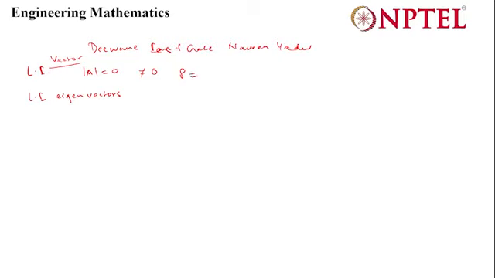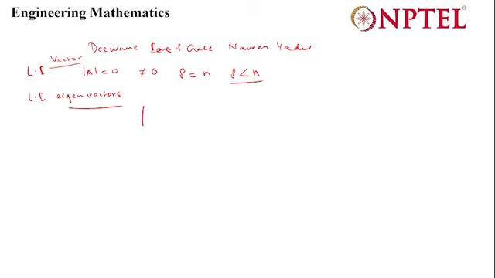If rank is equal to n, that is the number of columns or number of unknowns, then it is independent. If it is less than n, then it is dependent. Okay?